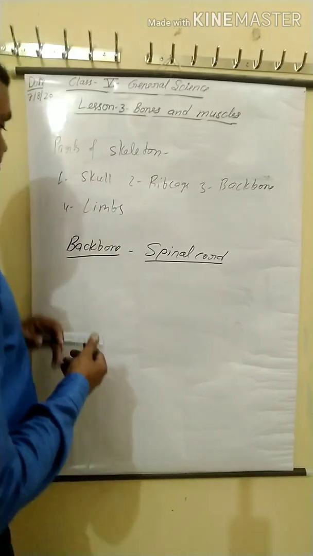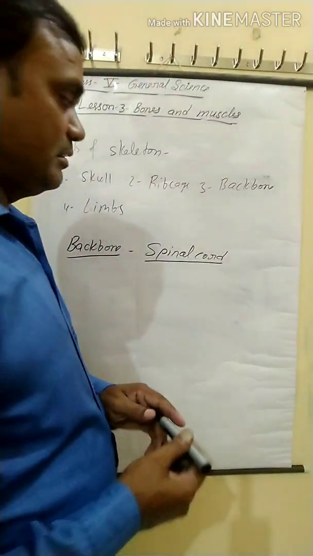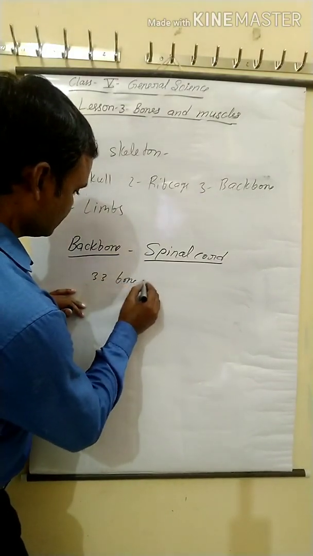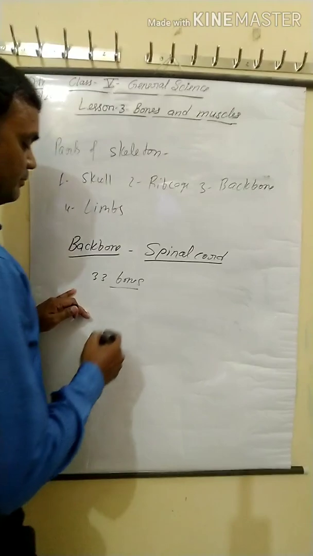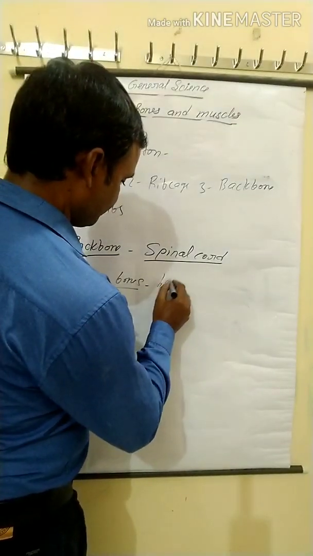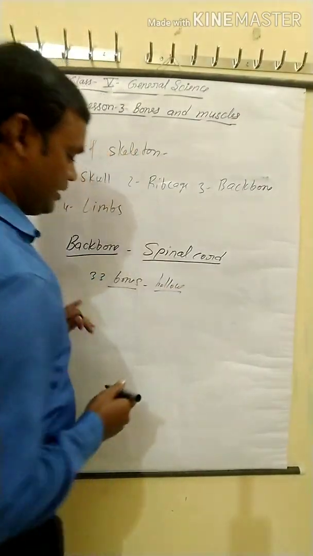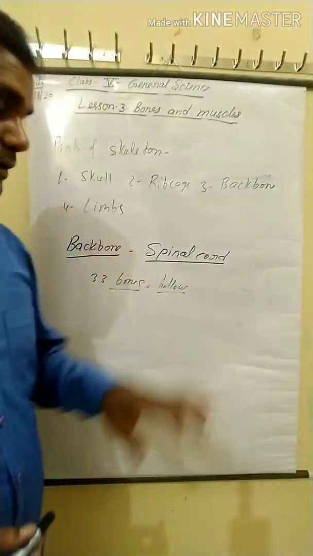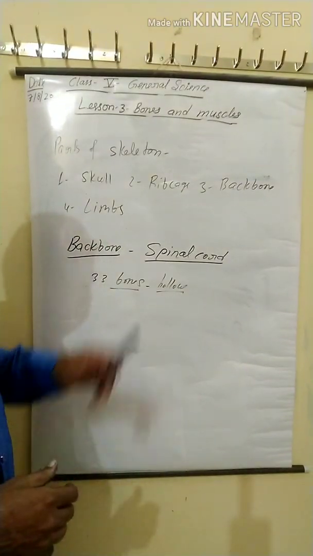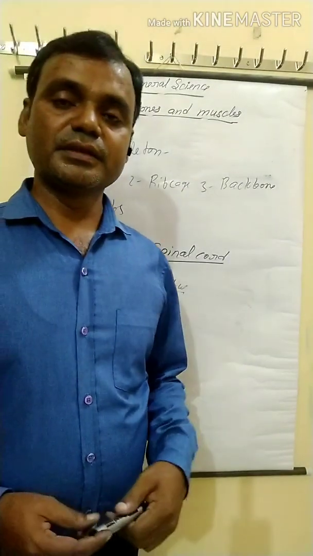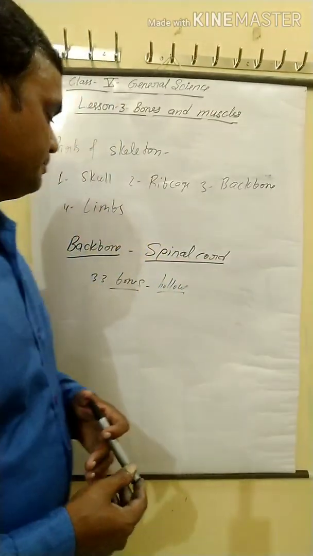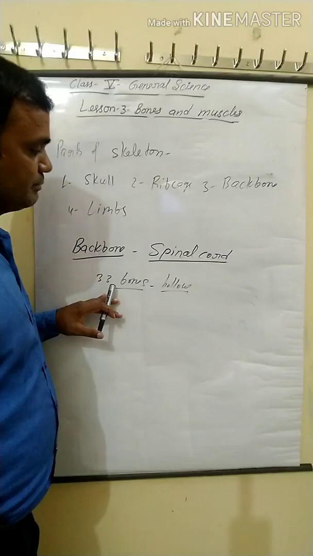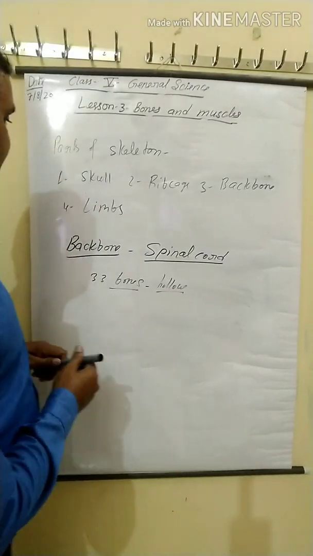In the backbone, 33 small bones are found. They are small hollow bones called vertebrae, and they run from the neck to the hip. Okay, now next, limbs.